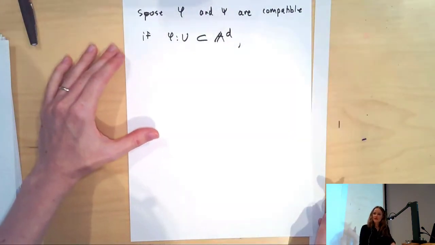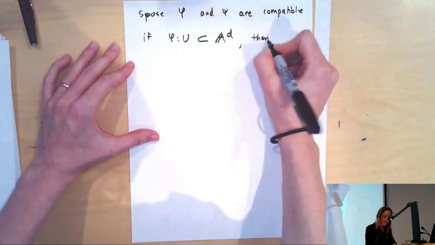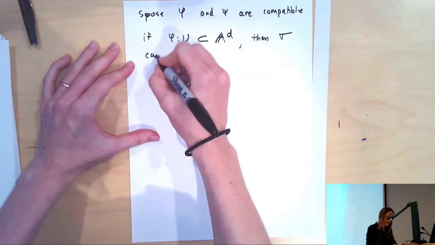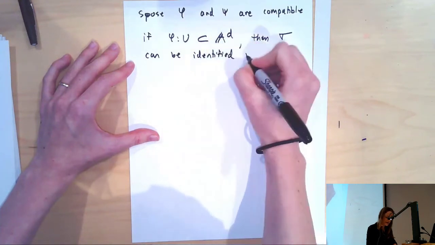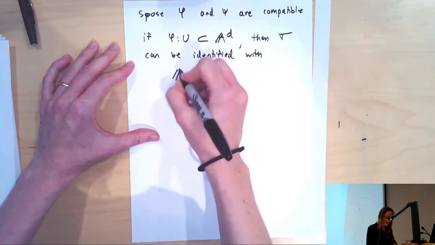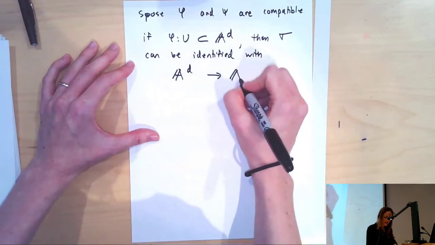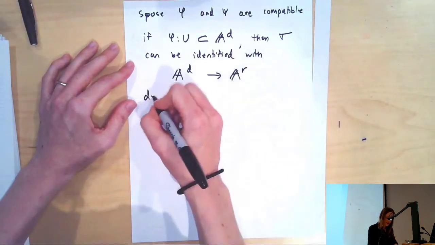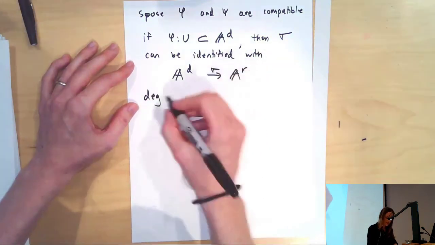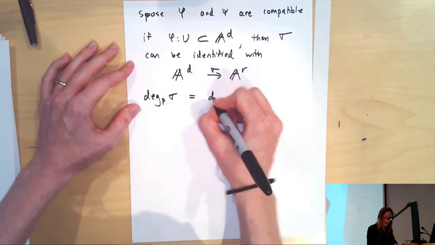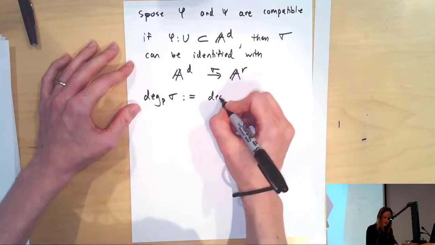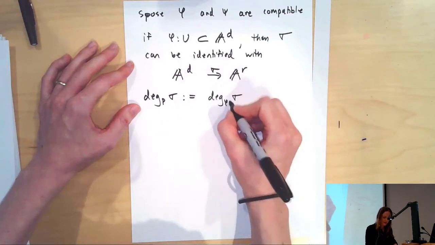Then the section sigma can be identified with the pullback function A of D to A of R, and we can let the degree P of sigma be the degree of this. We can just define it as the local degree of this function in the previous sense.